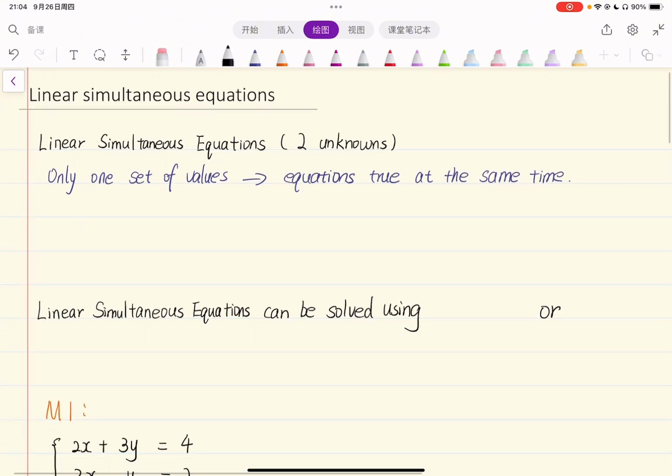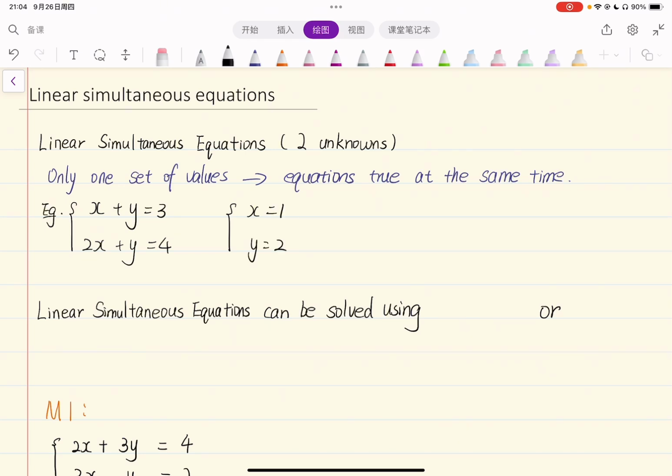For example, we have a pair of equations: the first equation is x plus y equals 3, and another one is 2x plus y equals 4. When we want the first equation to be true and the second equation also to be true, we have the solution x equals 1 and y equals 2.